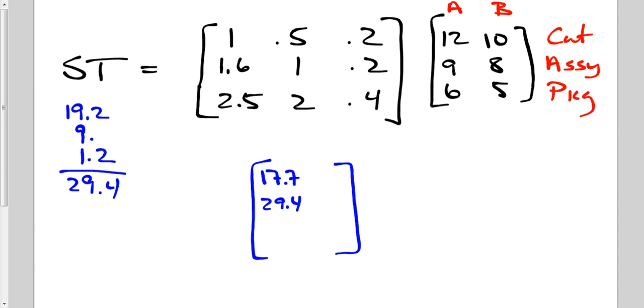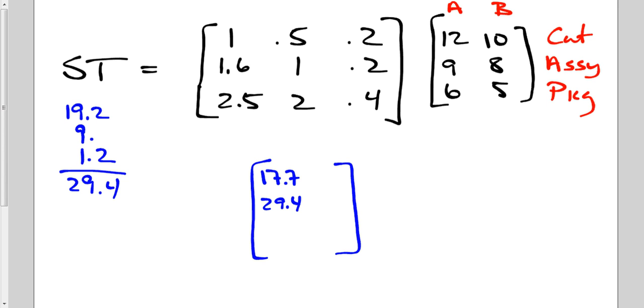What did he want? What's 0.2 times 6? Right? Oh, is that 12 times 1.6 plus 9 times 1 plus 6 times 0.2? I get 29.4. Now, the third one, 12 times 2.5.